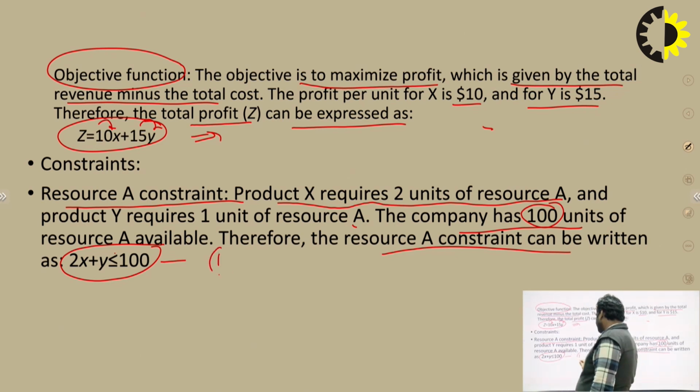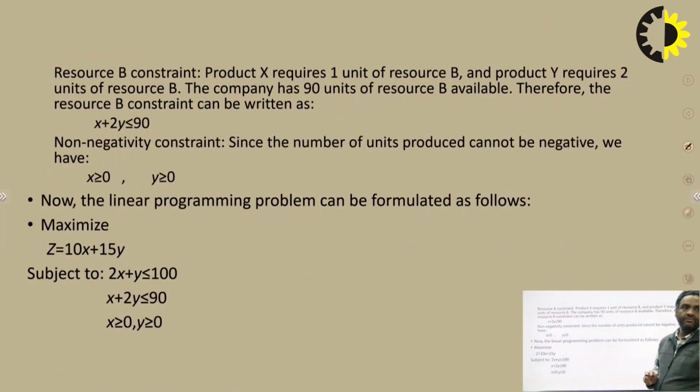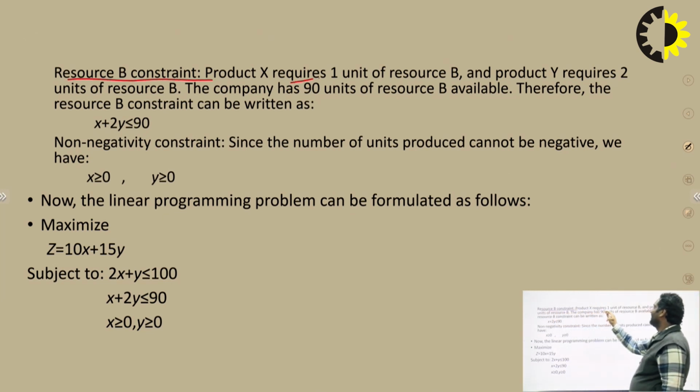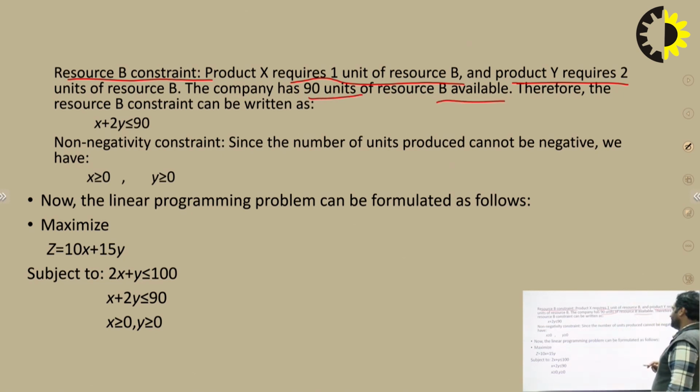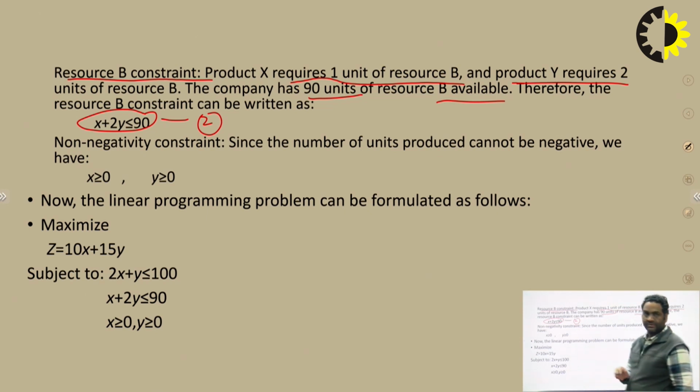So this is our first constraint. Now our next constraint is the resource B constraint. Product X requires 1 unit of resource B and product Y requires 2 units of resource B. The company has 90 units of resource B available. Therefore, x + 2y is less than or equal to 90. This is the second constraint of our problem. So two conditions, two constraints.